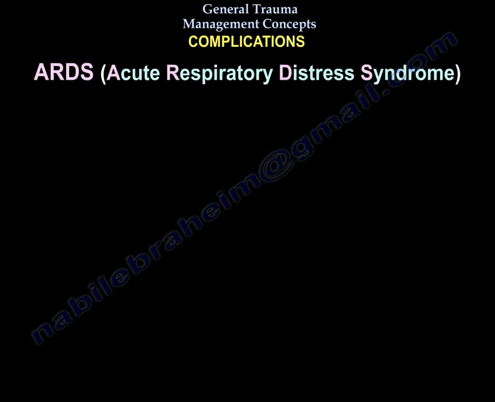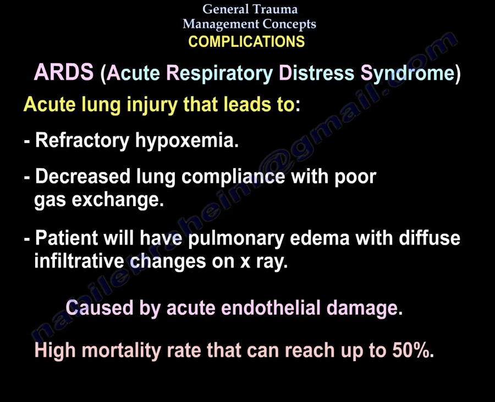Another complication is acute respiratory distress syndrome, ARDS, which is an acute lung injury, which leads to refractory hypoxemia, decreased lung compliance with poor gas exchange. Patient will have pulmonary edema with diffuse infiltrative changes on X-ray. It's caused by acute endothelial damage.